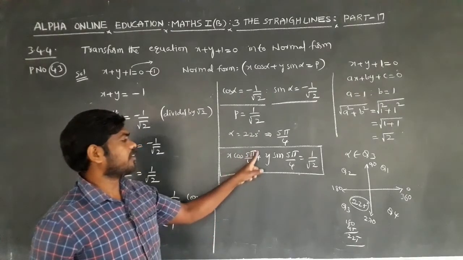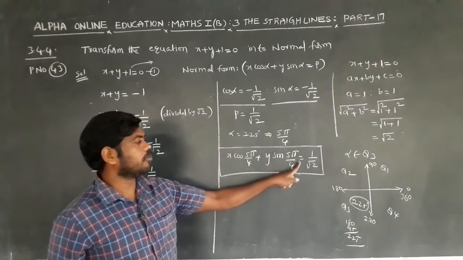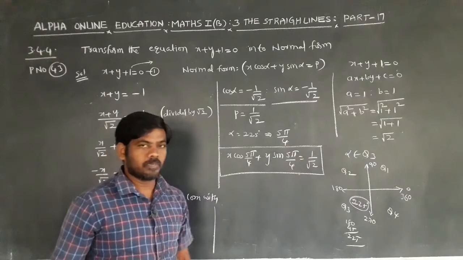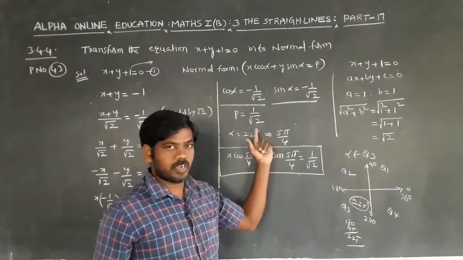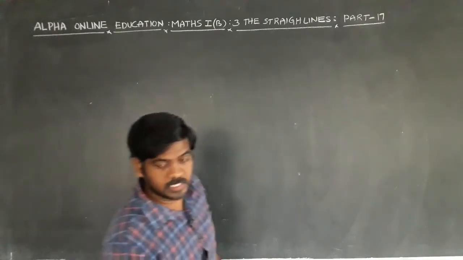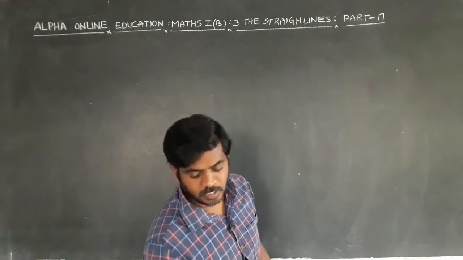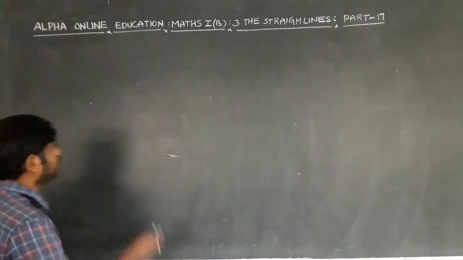Must and should, find the alpha value. This is the process.